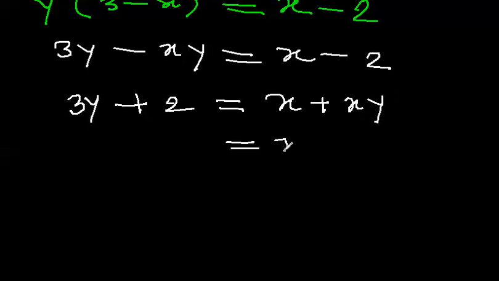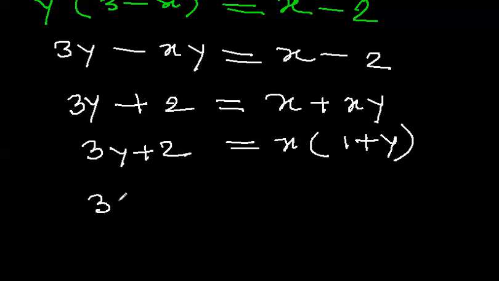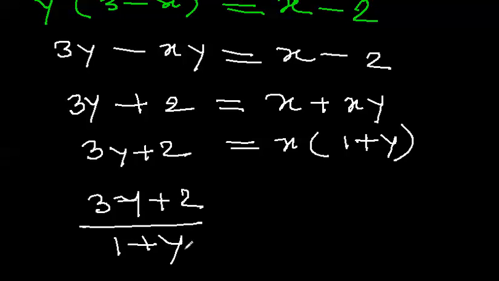You can take x as common, with 1 plus y remaining, and send that 1 plus y to the other side. So 3y plus 2 on the left-hand side, and 1 plus y in the denominator. That's the value of x we get.